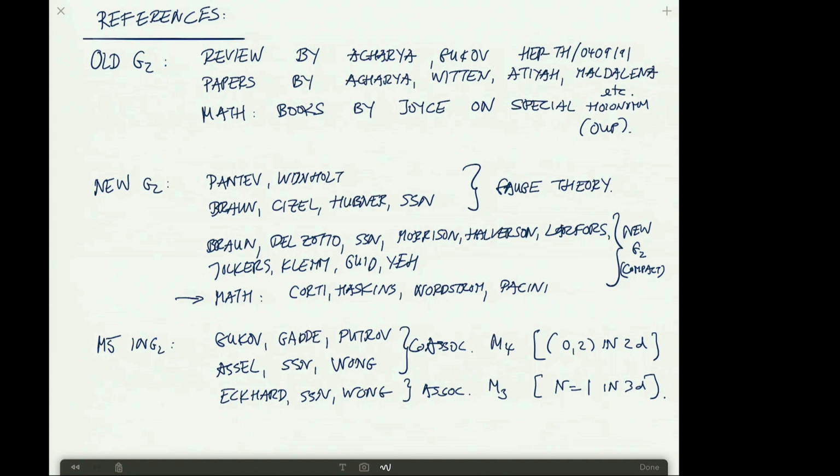There's a gauge theoretic description, Pantev, Weinhold, and some paper that we've written last year, which just studies what is the gauge sector of a G2 compactification in M theory, and then lots of progress on these geometries that were developed. And then for M5 branes, there are lots of different papers, and I hope I will get to some of these aspects.